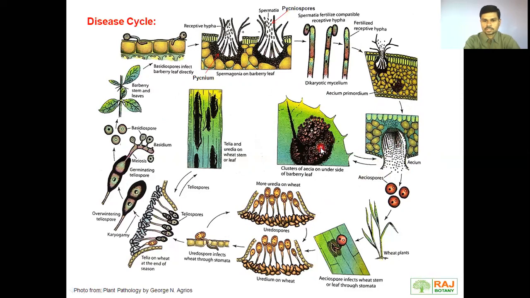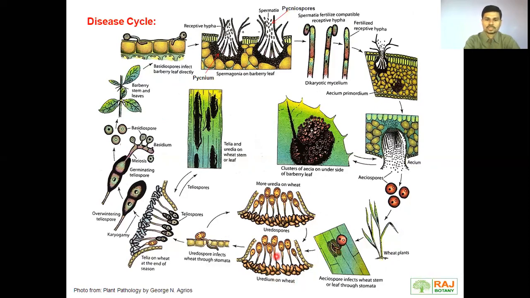Aecia are present on the lower surface of the barberry leaf in cluster form. After the development of the aeciospores, these aeciospores infect the new wheat plant, and through the stomata, the aeciospore produces a germ tube and infects the wheat plant.